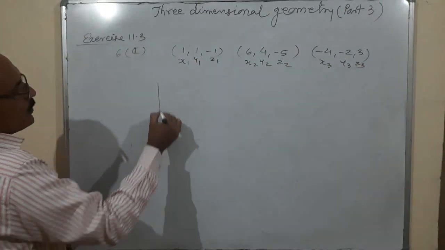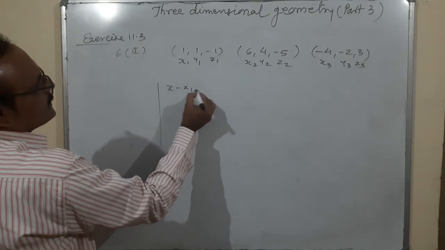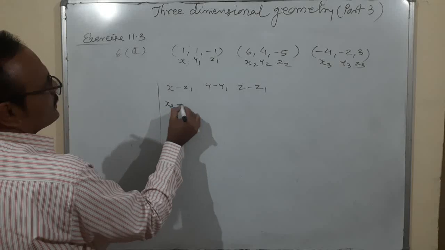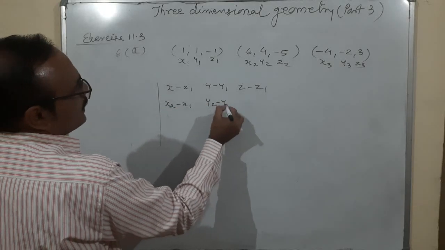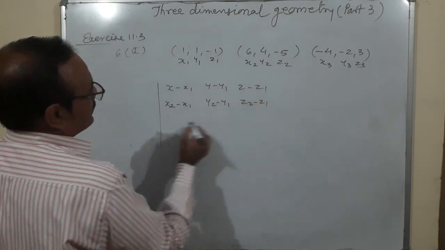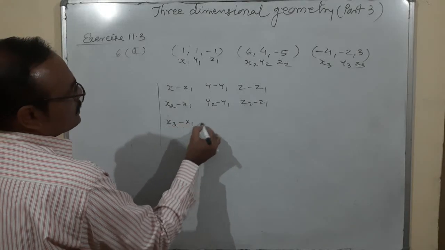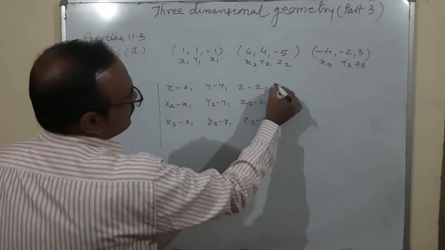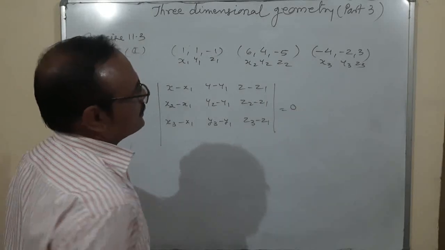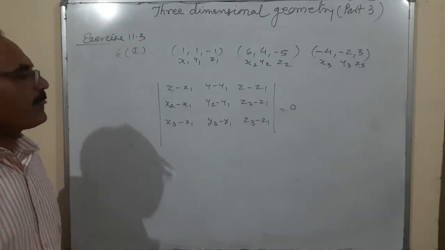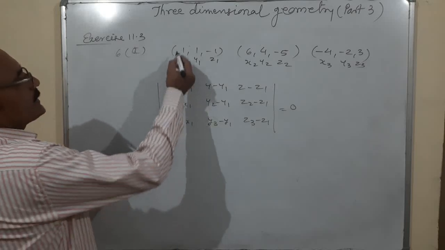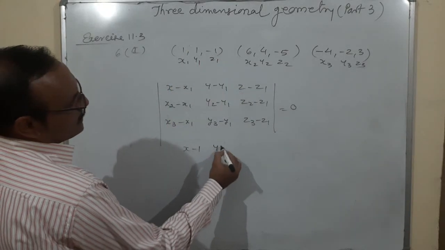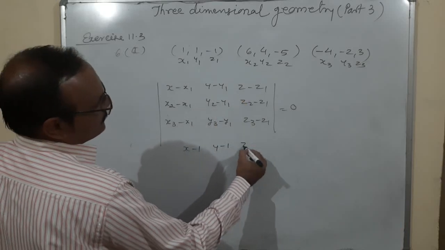What is the equation? The determinant with rows: x minus x1, y minus y1, z minus z1; x2 minus x1, y2 minus y1, z2 minus z1; x3 minus x1, y3 minus y1, z3 minus z1, is equal to 0. So we put the values: x minus 1, y minus 1 and z plus 1.